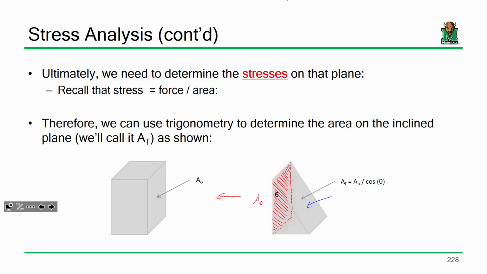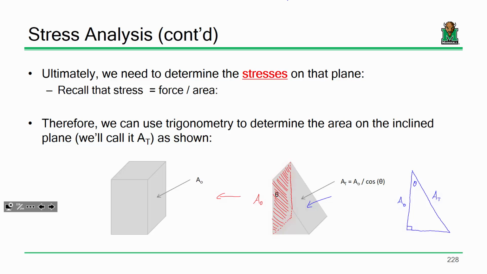And an easy way of looking at that is this. Just look at this triangle, right? Here's some angle, right? We'll say that this side has an area of A naught, and this side has an area, oh, got ahead of myself, of A T. Make sense?